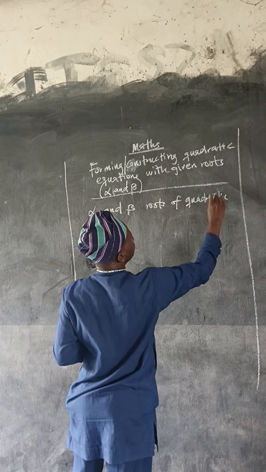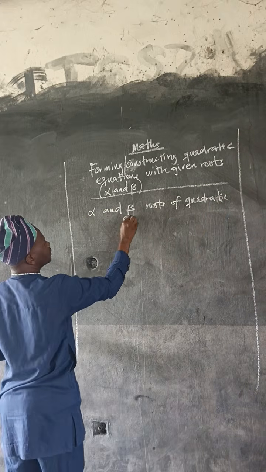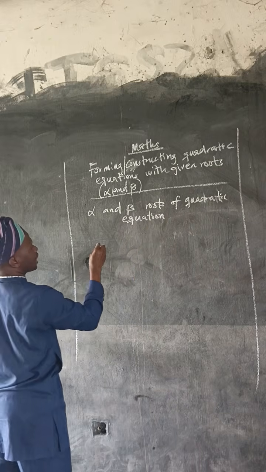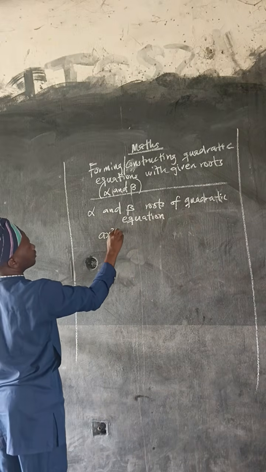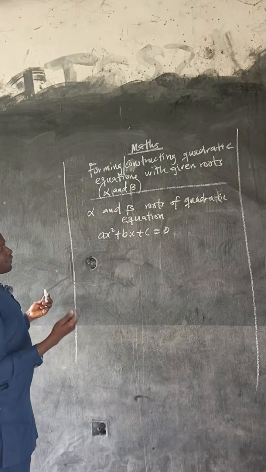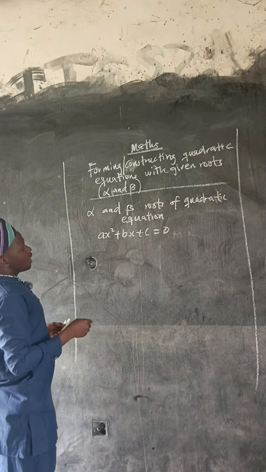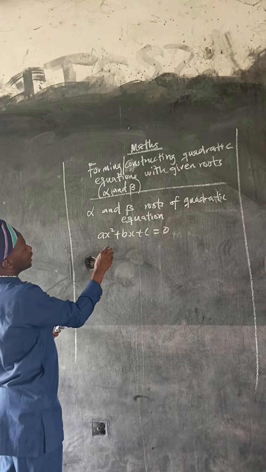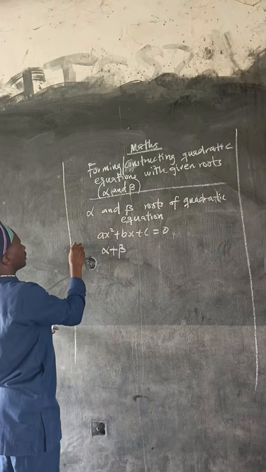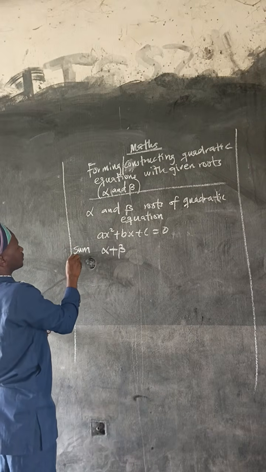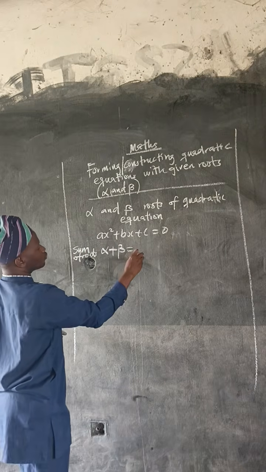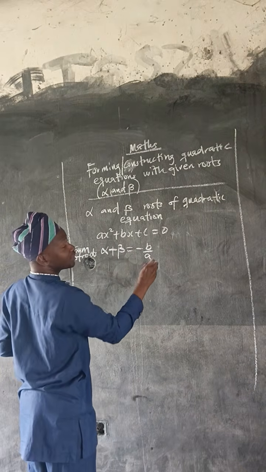Then we know the general formula of a quadratic equation as ax squared plus bx plus c equals 0. And from our previous video, we have learned that the sum of the roots, alpha plus beta, equals minus b over a.